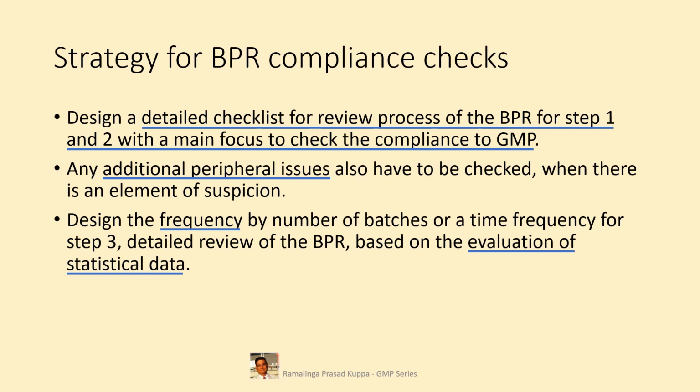Frequency could also be based on the number of batches. For example, once in 10 batches or 20 batches. Frequency for every 10 batches is easier to remember because as a thumb rule, any batch number ending with a 0 should be selected for detailed review.